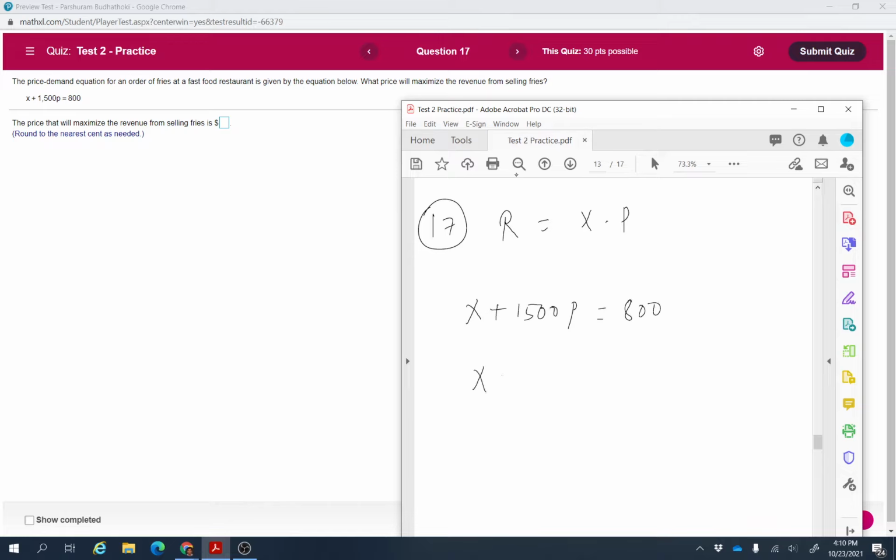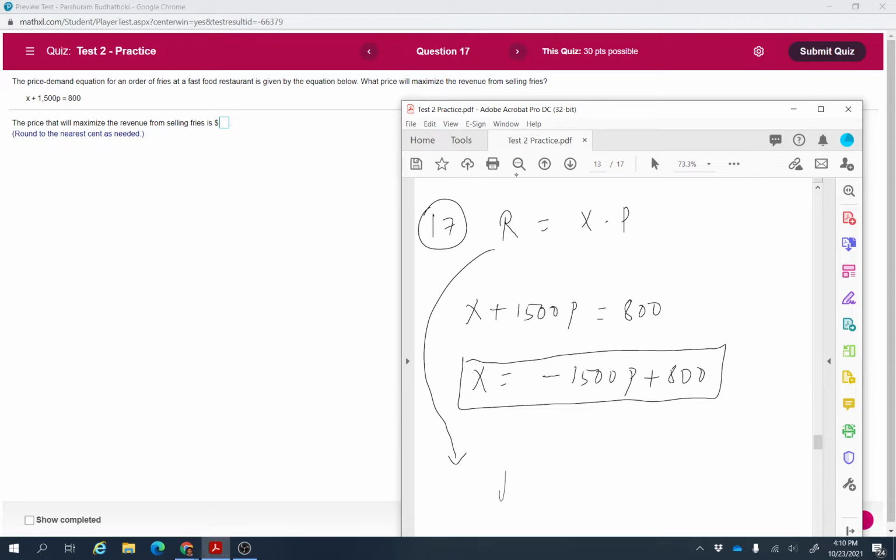So we can write x as negative 1500p plus 800 by subtracting 1500p from both sides. So we can change x into p in this revenue function.